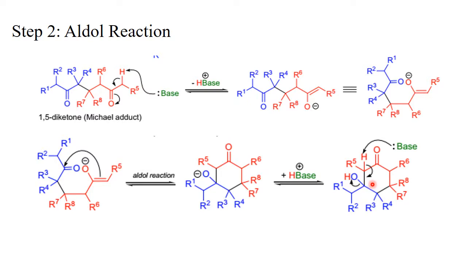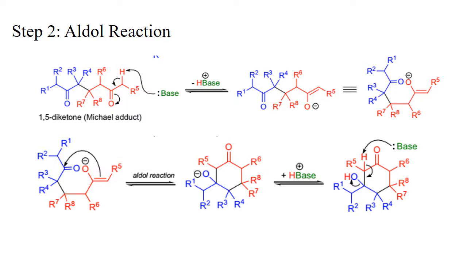This is 1,5-diketone. The base abstracts the acidic proton from the alpha carbon which is less sterically hindered, and converts the carbonyl compound into the enolate ion. See this one, this is enolate ion.